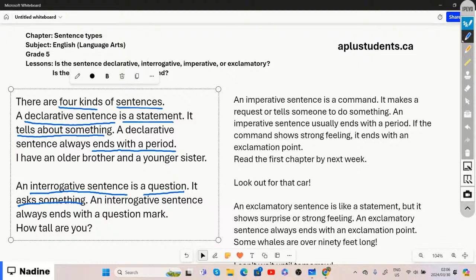And when you ask something, somebody needs to give a response, because you're asking a question. An interrogative sentence always ends with a question mark.